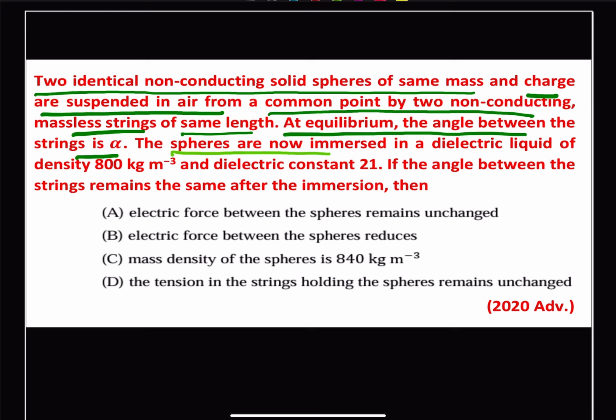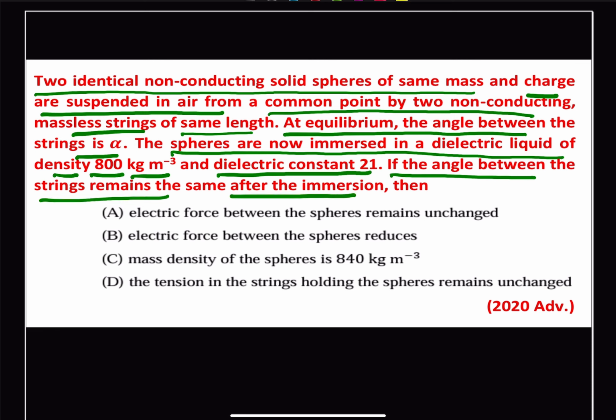The spheres are now immersed in a dielectric liquid of density 8000 kg per meter cube and dielectric constant 21. If the angle between the strings remains same after the immersion, then we have to check which of the following options is correct or incorrect. So basically first two are with respect to the electric forces, third is mass density of the sphere, and the last one is that the tension in the strings remains unchanged.